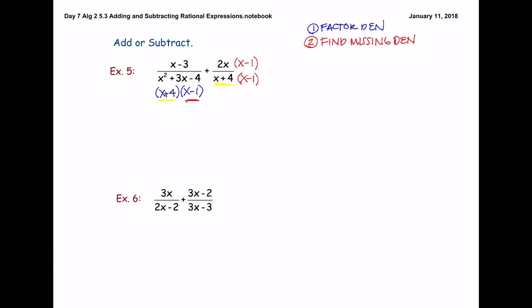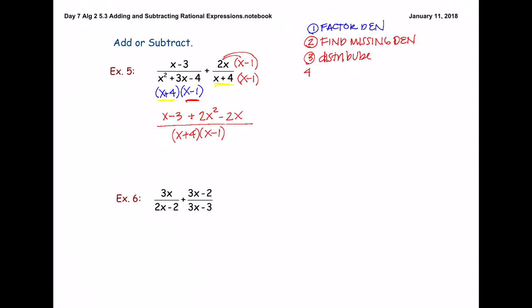So in our first fraction, it's going to stay the same, x minus 3. In our second fraction, we need to distribute our 2x to our x minus 1, so we get 2x squared minus 2x, and our common denominator is x plus 4, x minus 1. Our third step was to distribute.